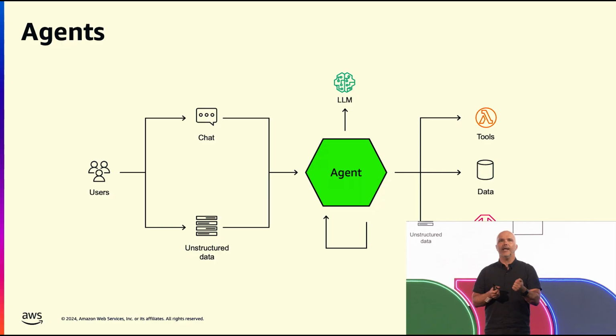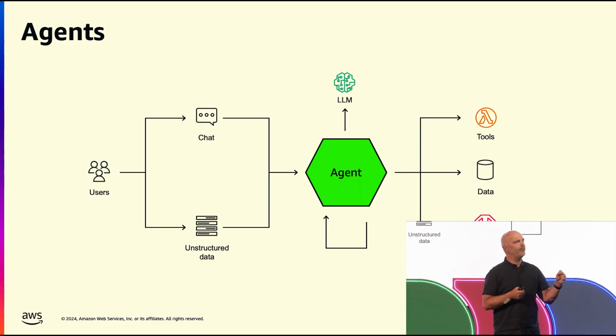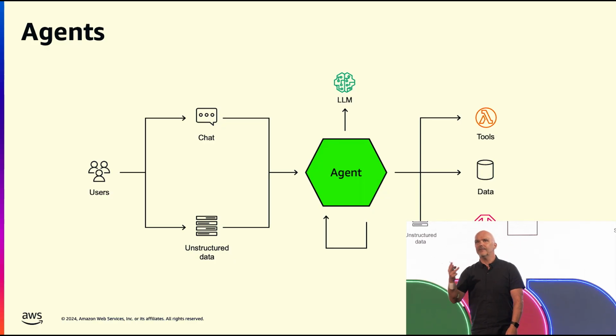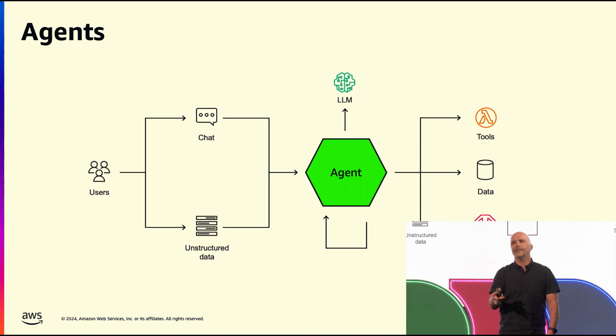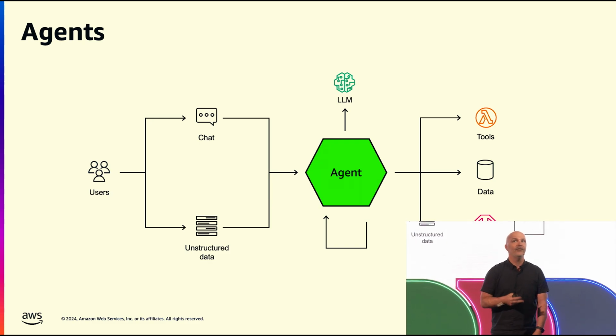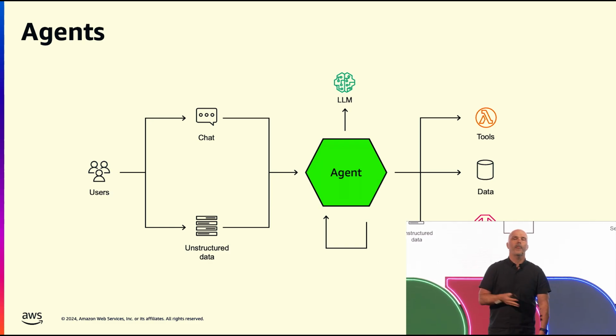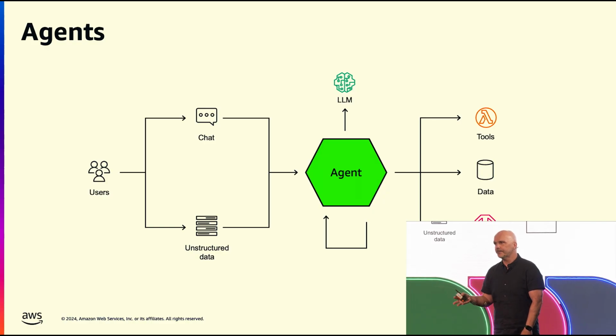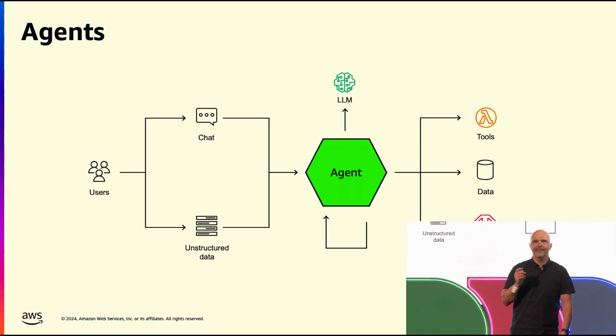So it thinks, okay, the user is asking me to do this. I need to orchestrate various things to get an outcome. And the things that it needs to orchestrate are tools, so calling out to external APIs, calling out to applications, calling into data, using other third-party services, and also using an LLM, a large language model. So that's the magic.